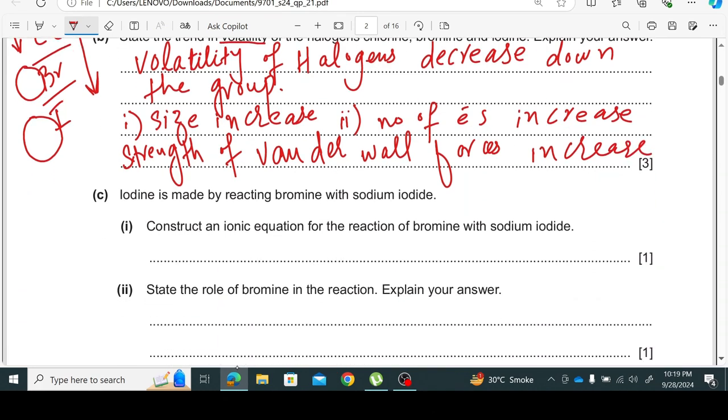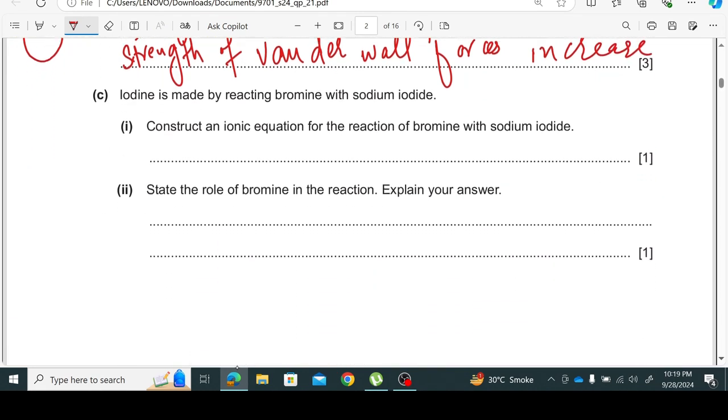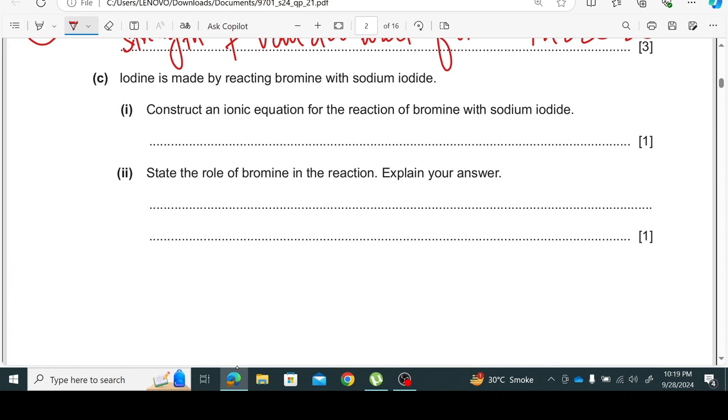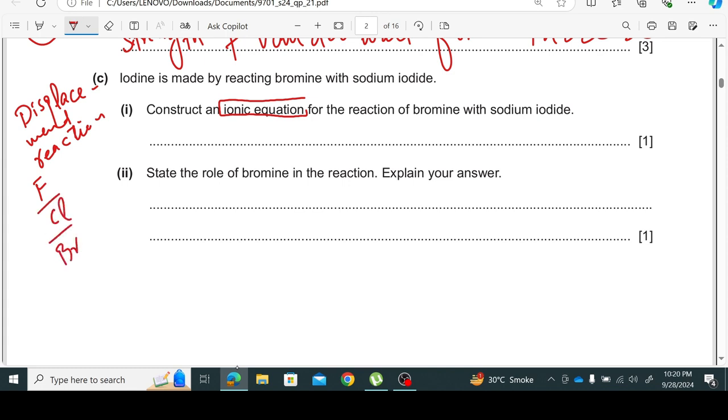Next question: iodine is made by reacting bromine with sodium iodide. Write the ionic equation for the reaction of bromine with sodium iodide. This question comes from the concept of displacement reactions. In halogens, fluorine, chlorine, bromine, iodine, the element above can displace the one below.